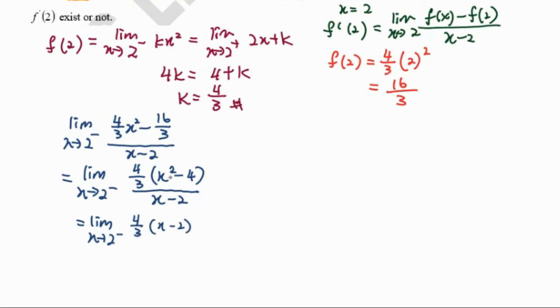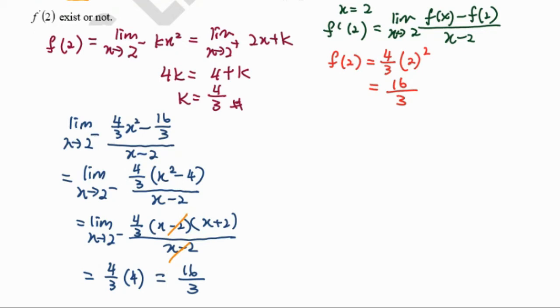We can factorize x squared minus 4 to become x minus 2 times x plus 2. Then we manage to simplify the factor of x minus 2. Then last step, substitute x equals 2 here. It will equal 4 over 3 times 4, which equals 16 over 3. This is the first principle using the idea of limit for x approaching 2 from the left hand side.